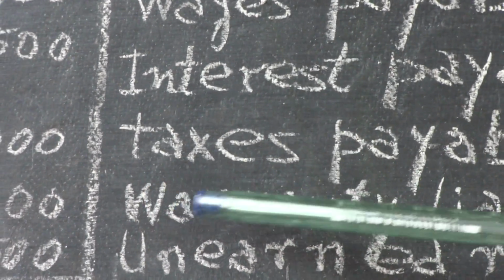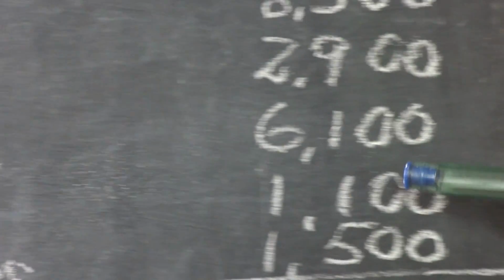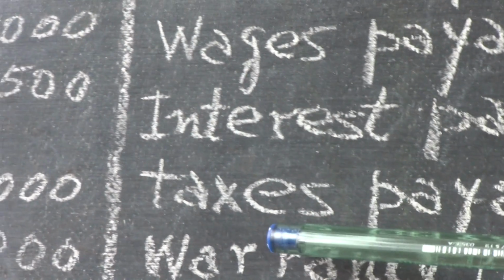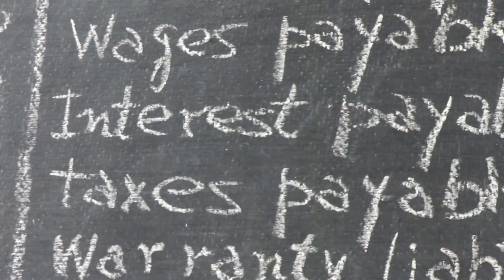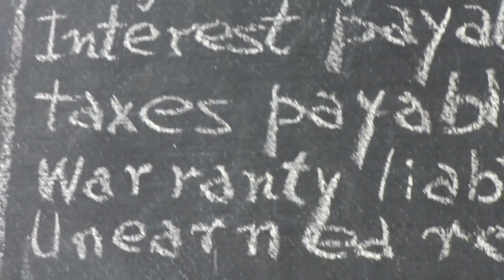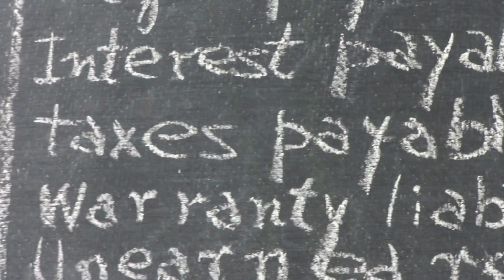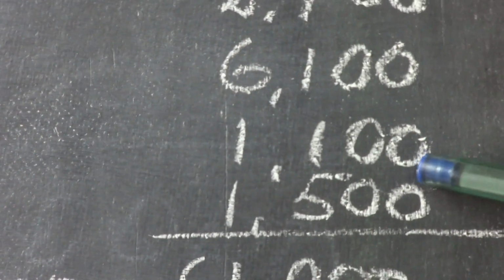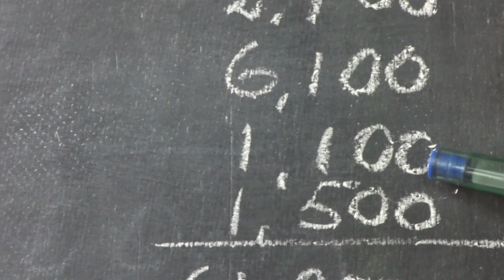Then we have taxes payable by $6,100. These are the fiscal contributions that Bright Corporation has to pay to the Treasury of the United States. Then we have warranty liability by $1,100.